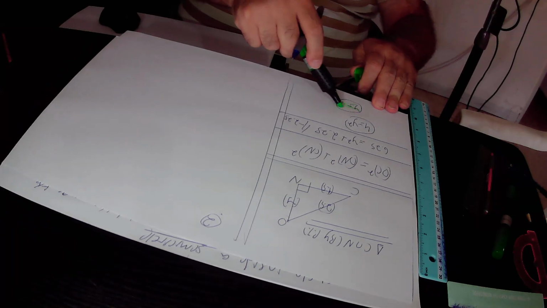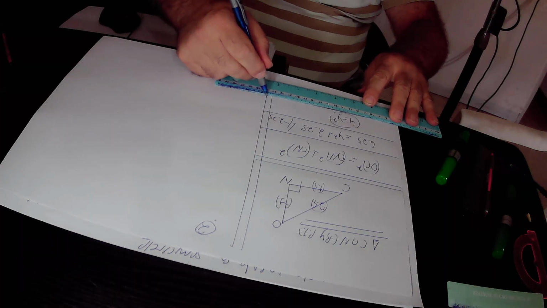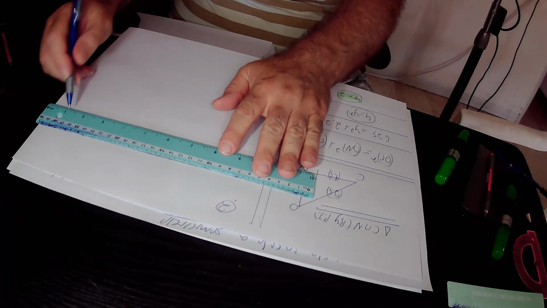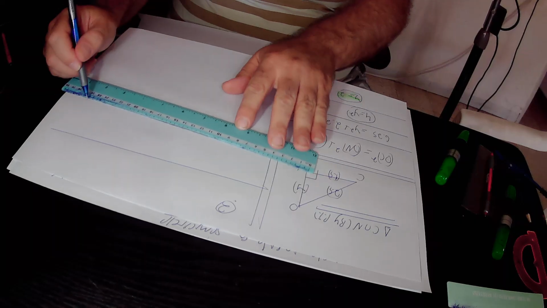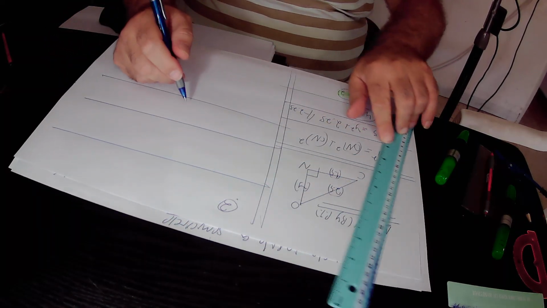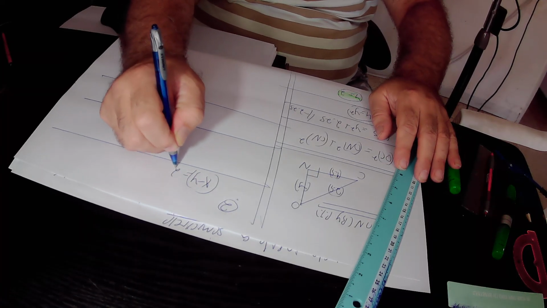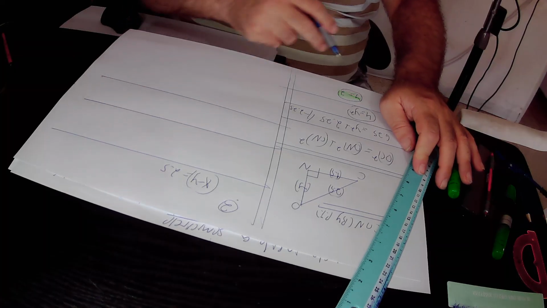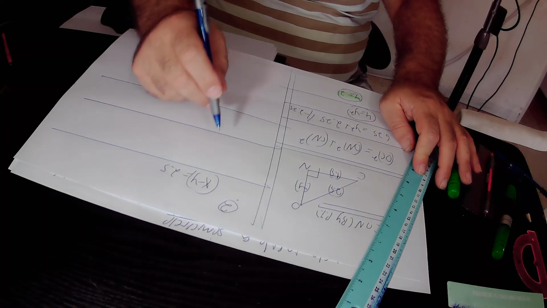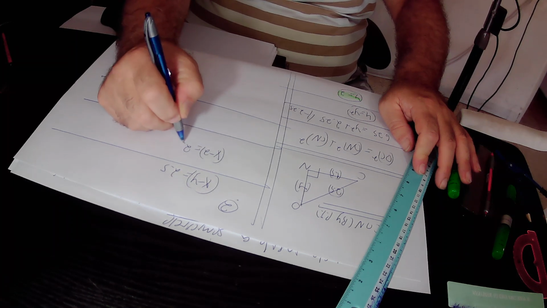We already found out that X minus Y equals 2.5. We just found out that Y is 2, so X minus 2 equals 2.5.